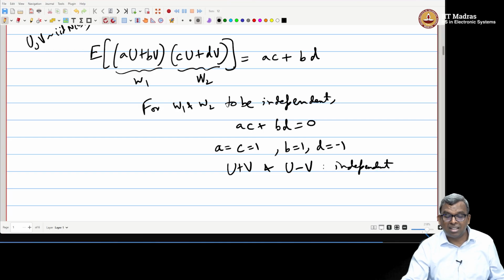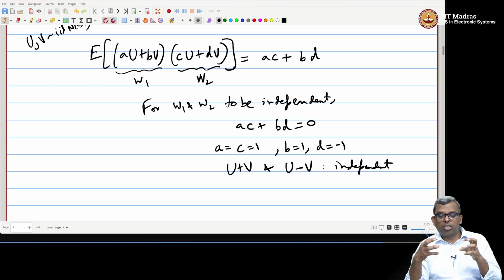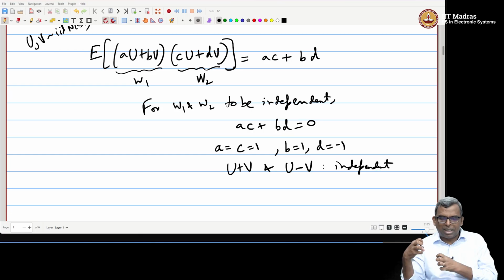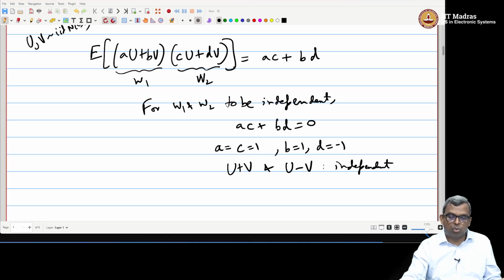These are things that people find a little surprising. U and V are contributing to both U plus V and U minus V, but they are statistically independent, because of the way it works out. So this is an interesting case. Of course, you can do many other simple things, but this is a very interesting case where you have independence.